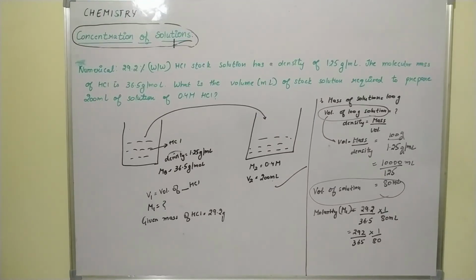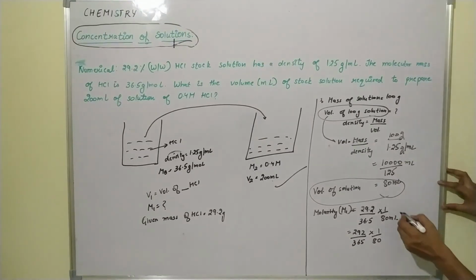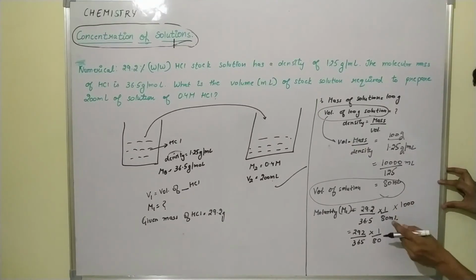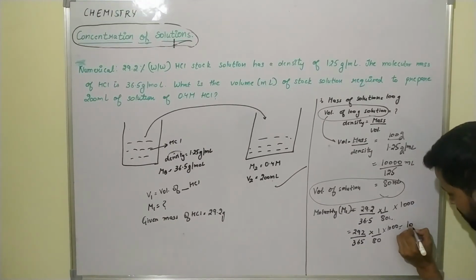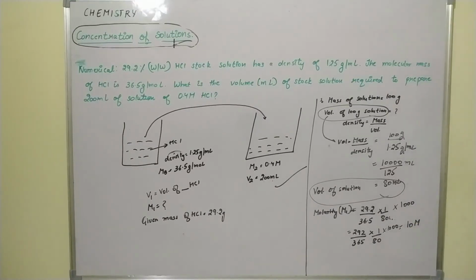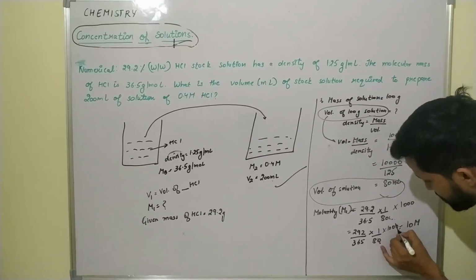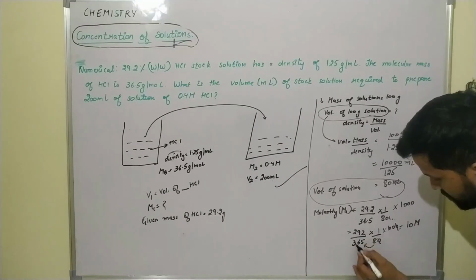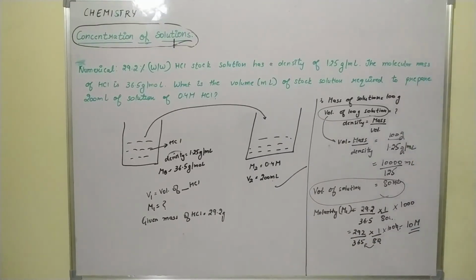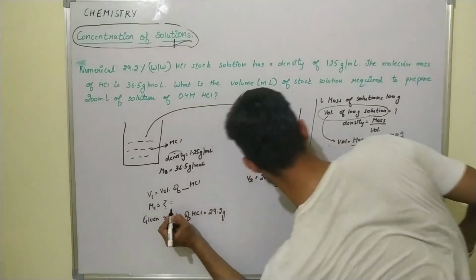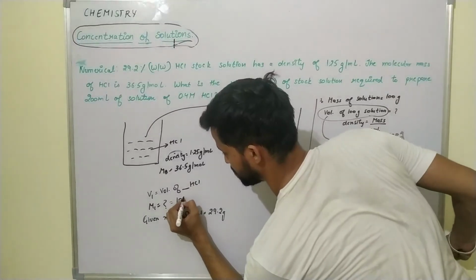After cutting, the answer will become... here I have taken the volume in milliliter, we have to convert it into liter, because molarity is always calculated in liter. So here we get the answer 10 molarity. Check, zero is cutting with zero, and when you calculate, the answer will become 10 molarity. So this is the M1. What is the answer? 10 molar.